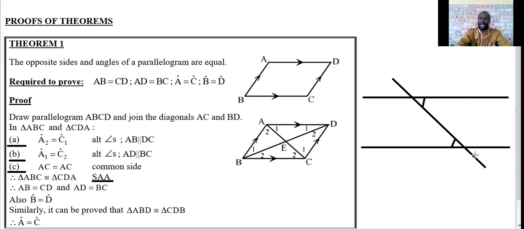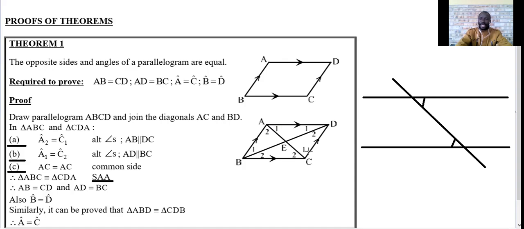You make sure you state the reason for your claim. For example, if you say A1 equals C2, well, what is your explanation? The reason is that these ones are alternate angles. Then the next thing is that A2 equals C1.